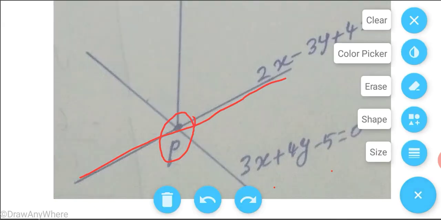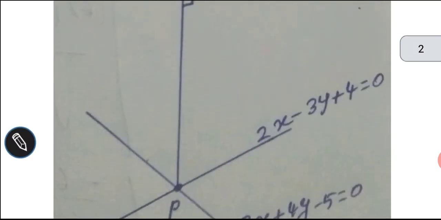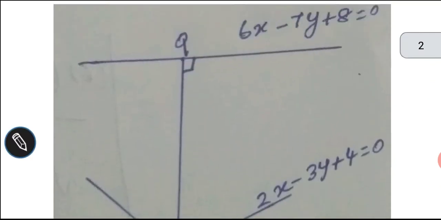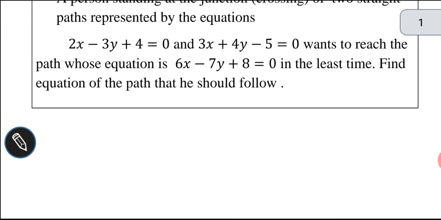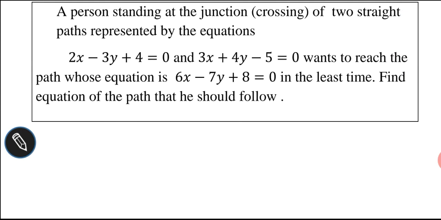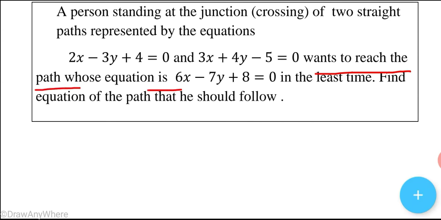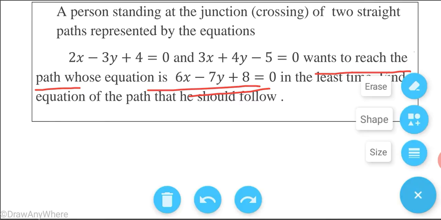The person at point P now wants to reach the path whose equation is 6x minus 7y plus 8 equal to 0.